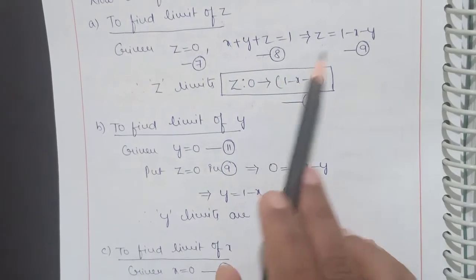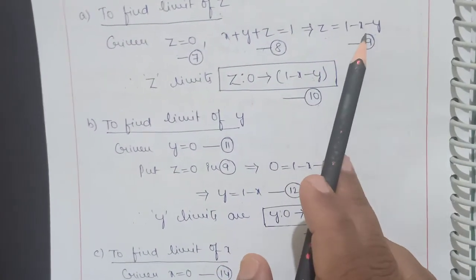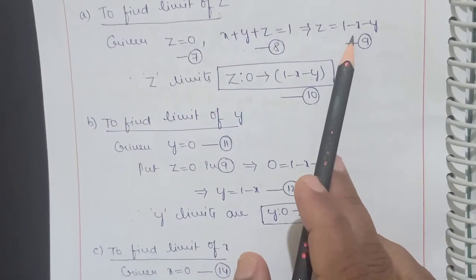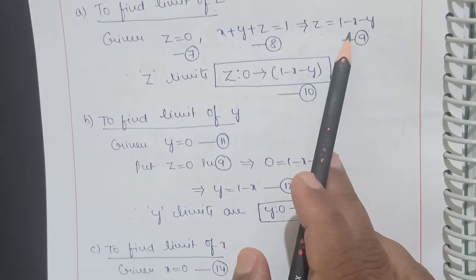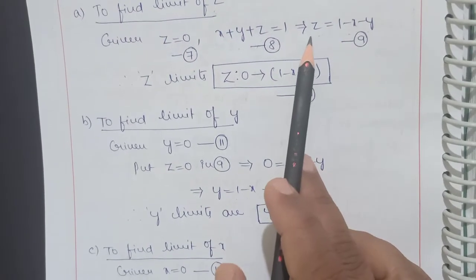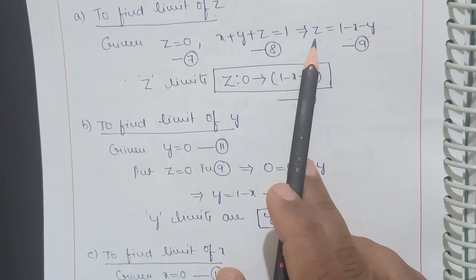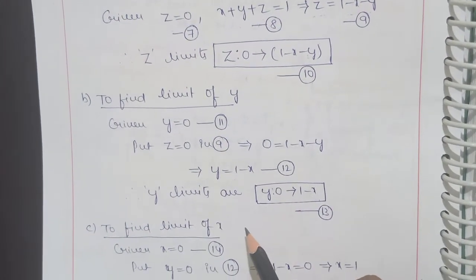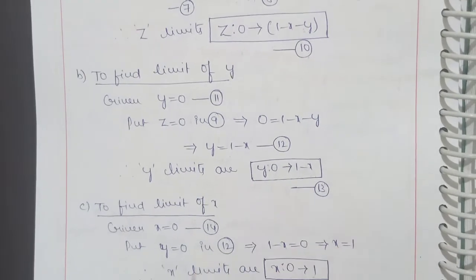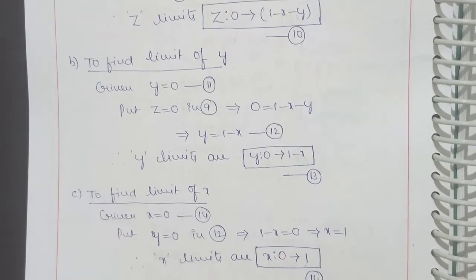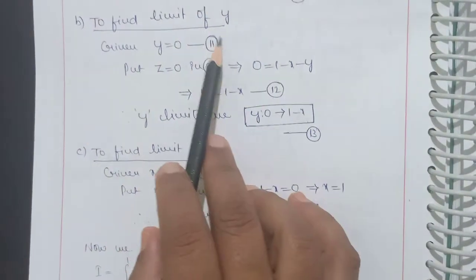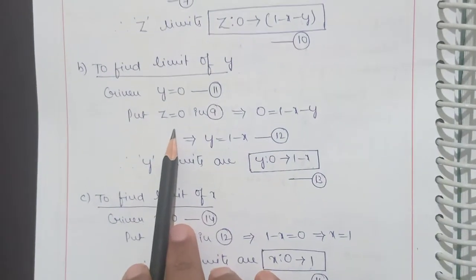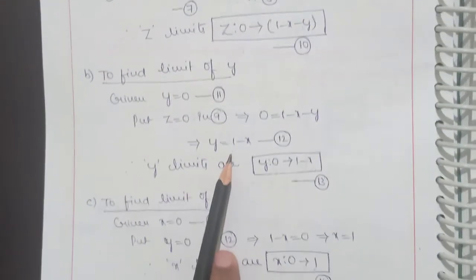So from the z equation, that is z is equal to 1 minus x minus y, you will find out the limit of y by substituting z is equal to 0. So for y and x limits, whenever you find, you will be using the previous limit. For y you substitute z is equal to 0, we get y is equal to 1 minus x.